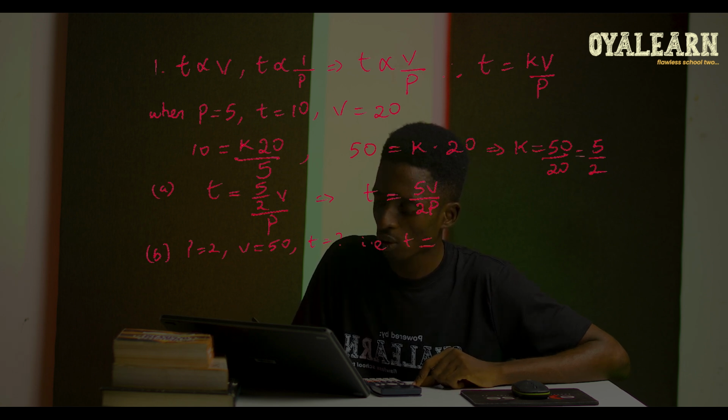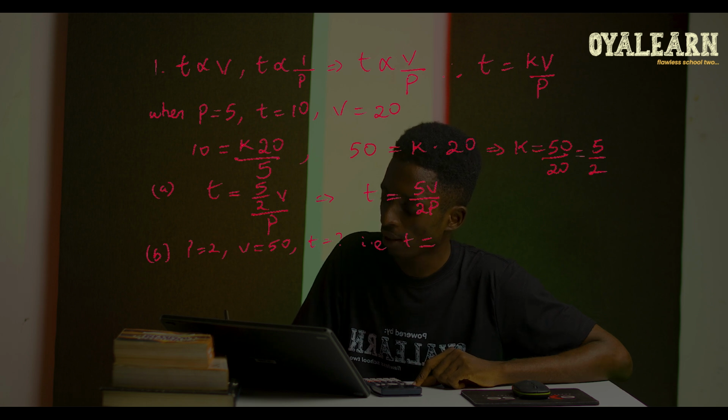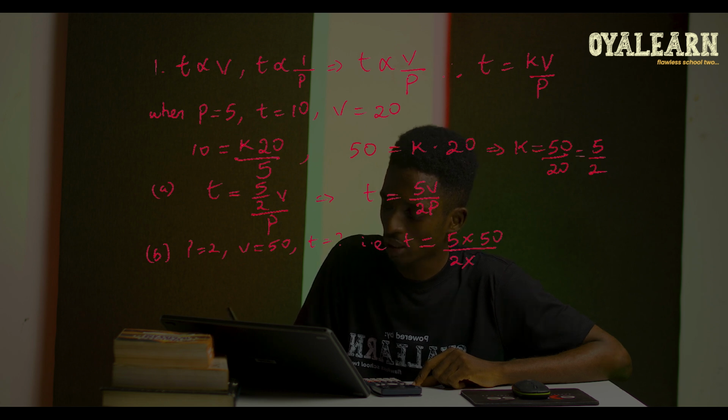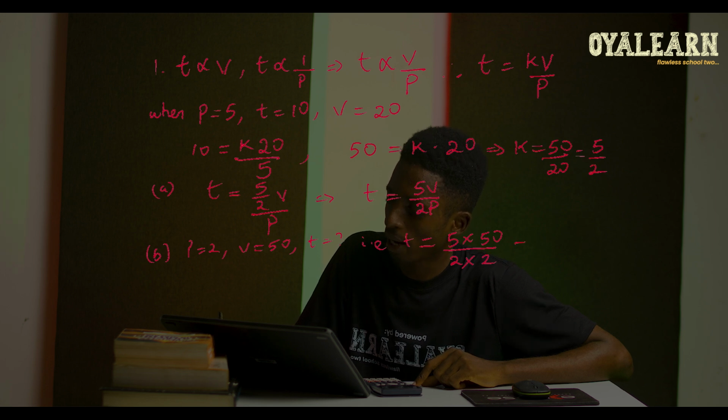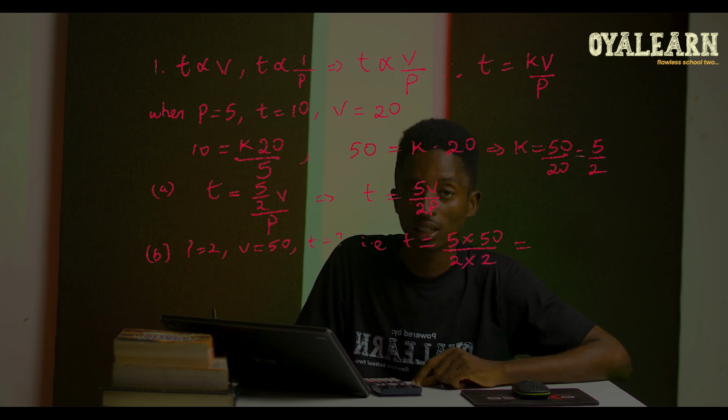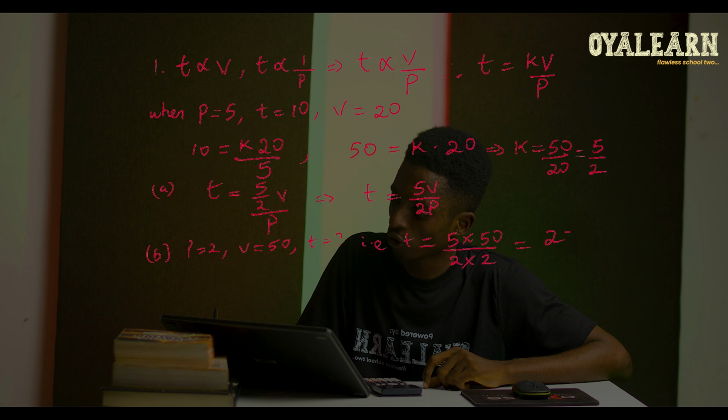So find T. From our formula, T equals 5 multiplied by V, V is 50, all divided by 2 multiplied by P, which is 2. So what we have here is 5 multiplied by 50, which gives us 250 divided by 4.